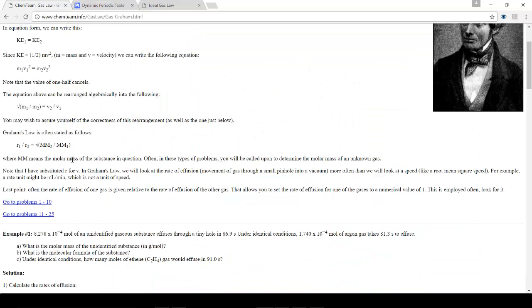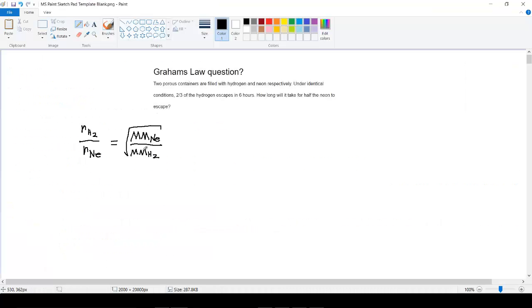If I go back to the formula, you notice it's rate 1 over rate 2. That's equal to the inverse of that, molar mass 2 over molar mass 1. That's somewhere where you could get easily caught up, so you've got to be careful about those.